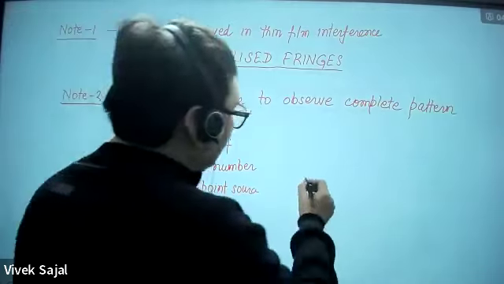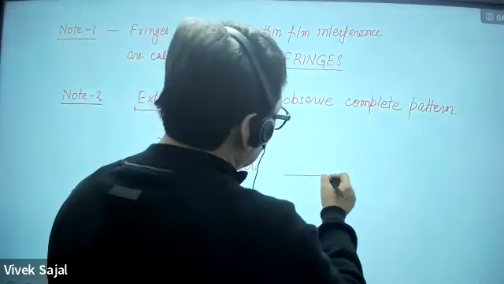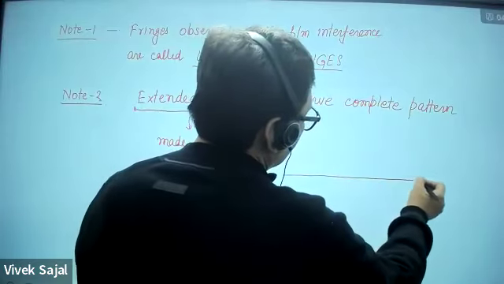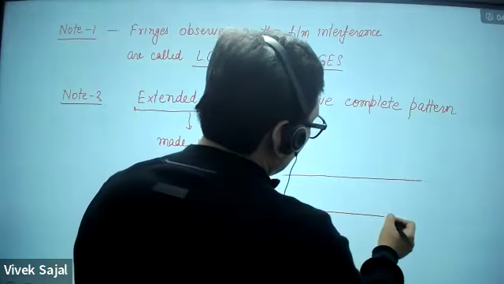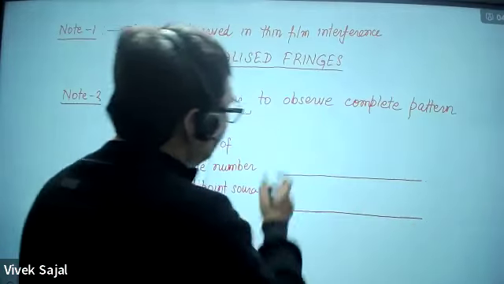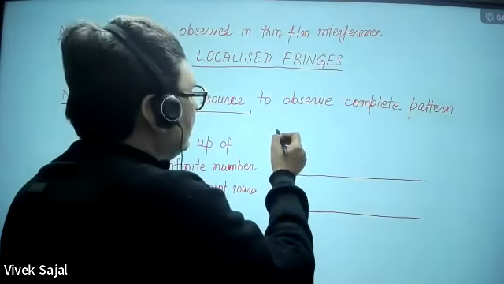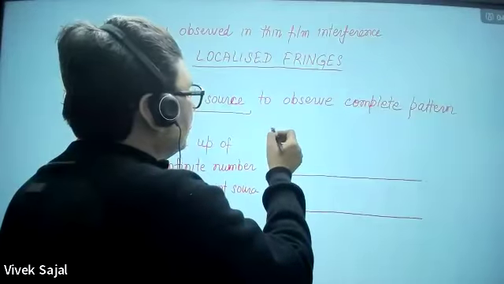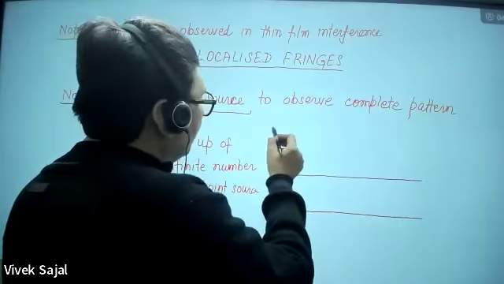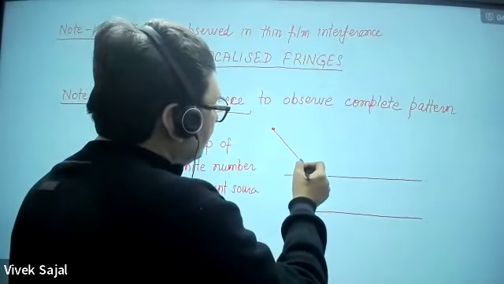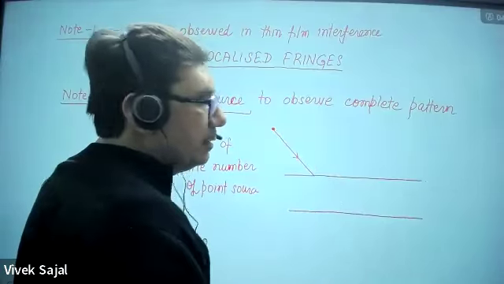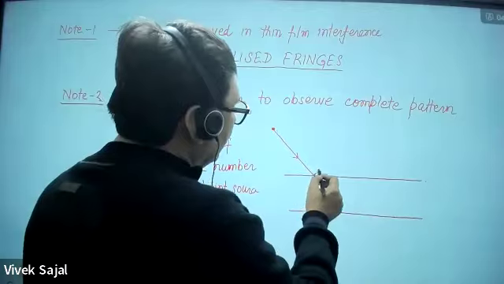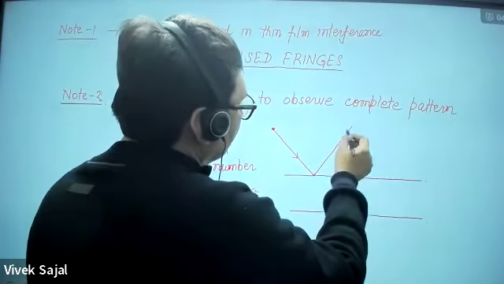Actually, if you are having a film like this, and you are having this source here, suppose this is a point source. What is going to happen here? One part will be reflected like this.